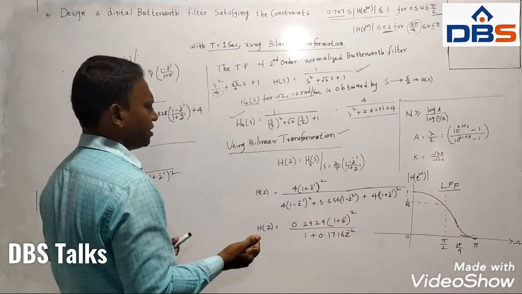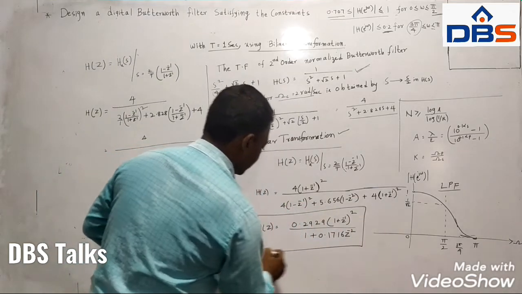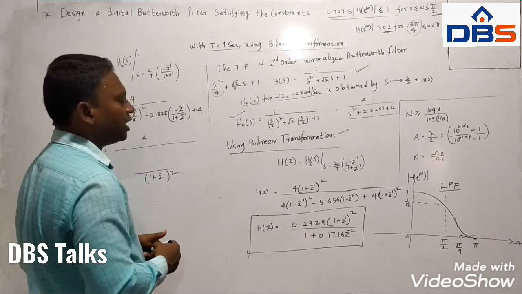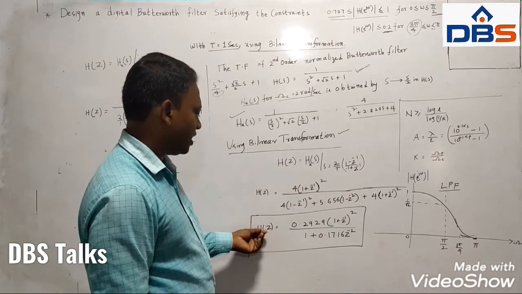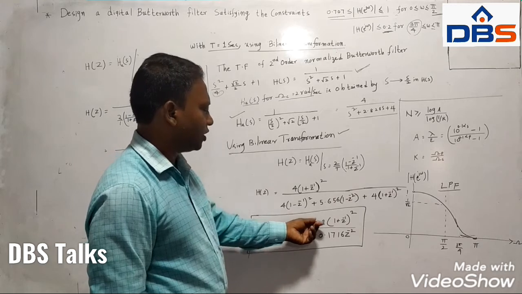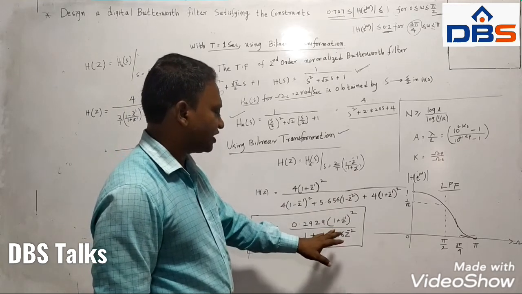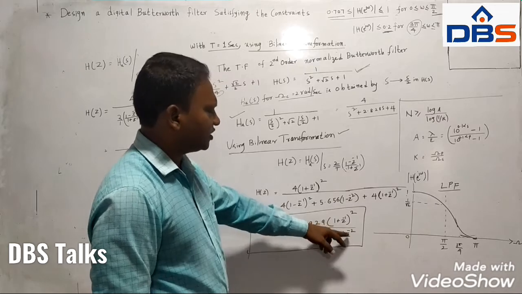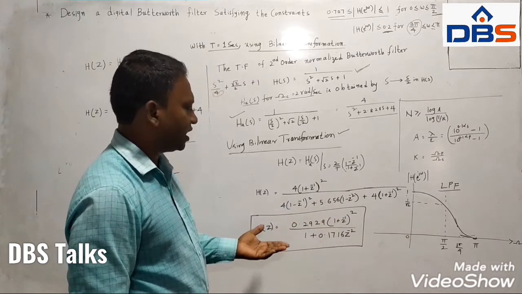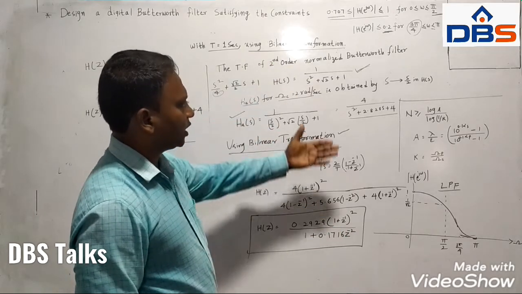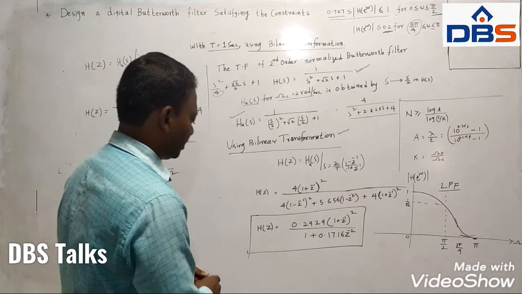If you expand this, finally this is the transfer function of the digital filter, the required second order Butterworth transfer function. H of Z is equal to 0.2929 (1 plus Z inverse) whole square divided by 1 plus 0.1716 Z power minus 2. From this also you can understand that Z power minus 2 means it is a second order filter, and we have used a Butterworth filter approximation. So that is why it is a digital Butterworth filter transfer function.